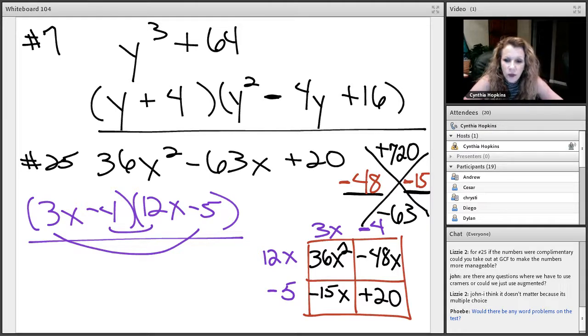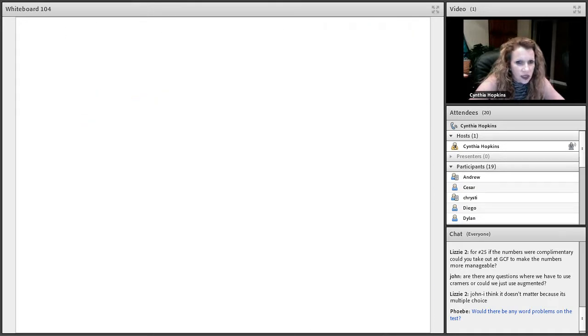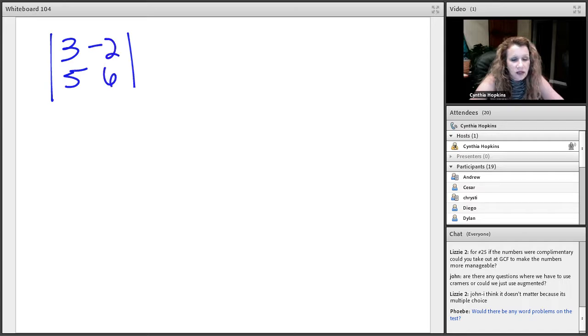However, I know most of you want to do linear combinations because that's what you're the most familiar with, but you certainly could have, let me move to my next empty page. Couldn't we just say, evaluate this determinant? Nothing to do with solving a system, but if I put like 3, 5, -2, 6, and I just say solve that, well, you better know how to do determinants, right? Or I could give you a 3 by 3, evaluate that.